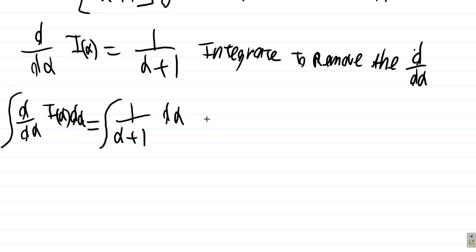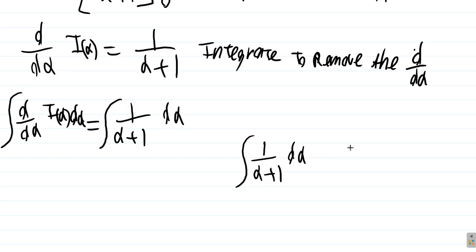Now, if you integrate this with respect to alpha, you integrate 1 over alpha plus 1, d alpha. Let's work it out. We have the integral of 1 over alpha plus 1, d alpha.